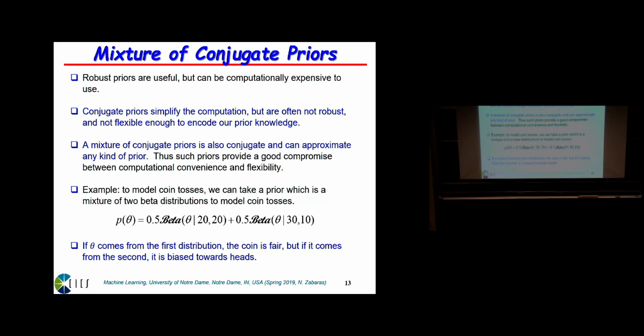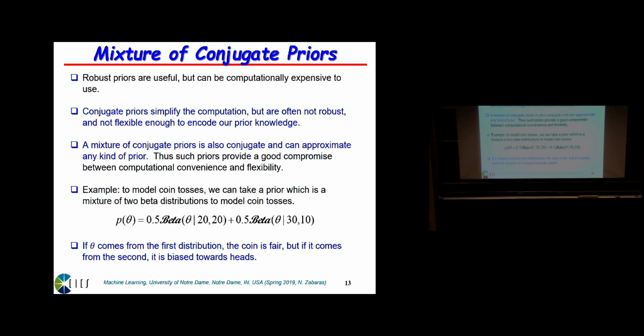And it comes out, and I'm going to show you the derivation on the next slide, that if you have two priors that are conjugate to your likelihood, the mixture of the two priors is also conjugate. Not only that, it comes out that the posterior is basically a mixture of the posteriors of these distributions that you see there.